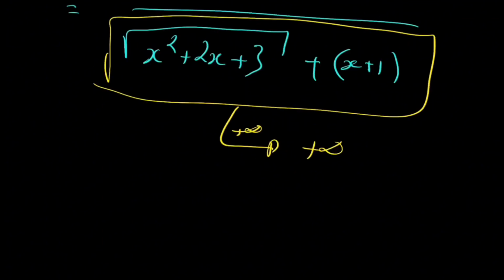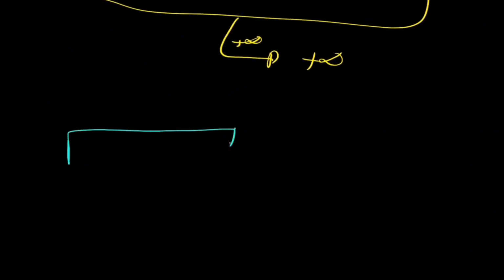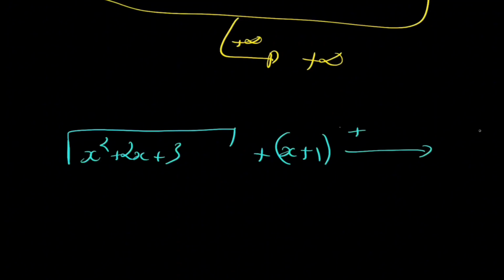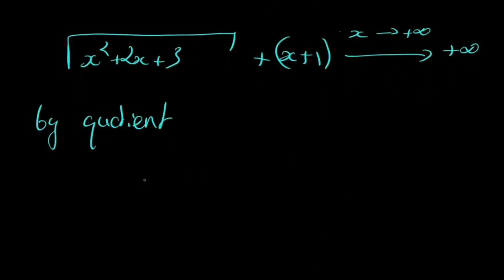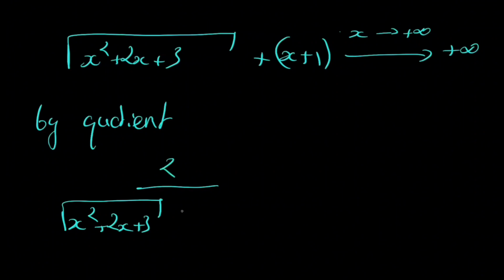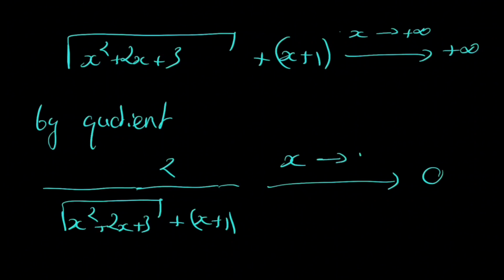So let's write it down. We've got square root of x squared plus 2x plus 3 plus x plus 1 that tends to plus infinity when x tends to plus infinity. So by quotient, 2 over square root of x squared plus 2x plus 3 plus x plus 1 will tend to 0 when x tends to plus infinity.